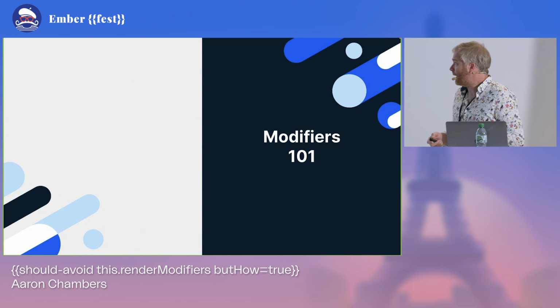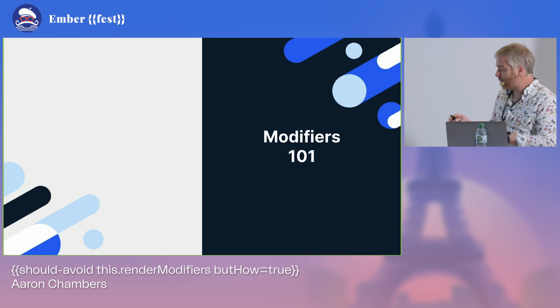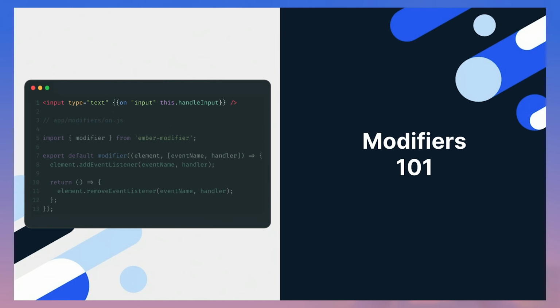For people that don't know what modifiers are, real quick 101. They're basic primitives for interacting with DOM elements in Ember, and they appear inside free floating curlies inside an element's opening tag, like the on input there, which you are more than likely familiar with because it ships with Ember.